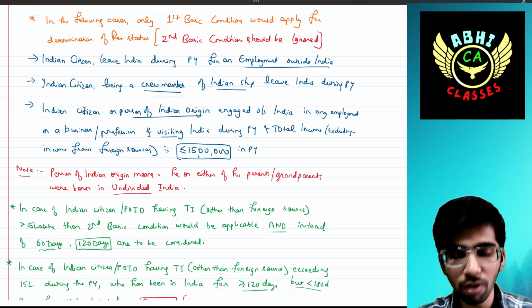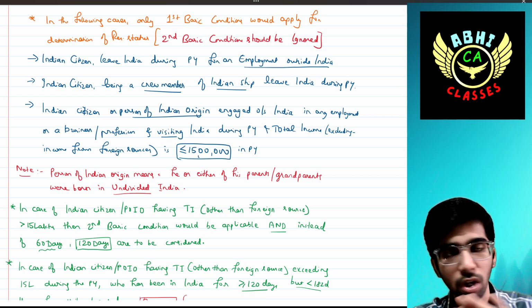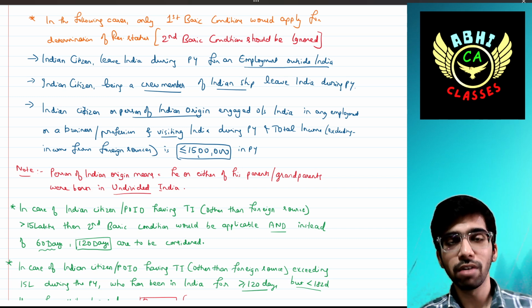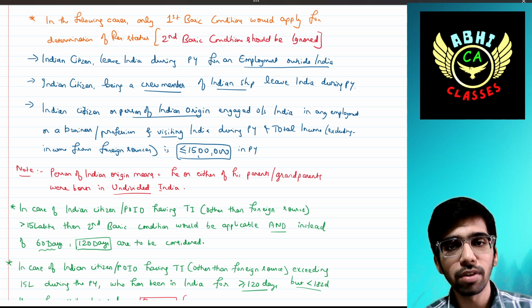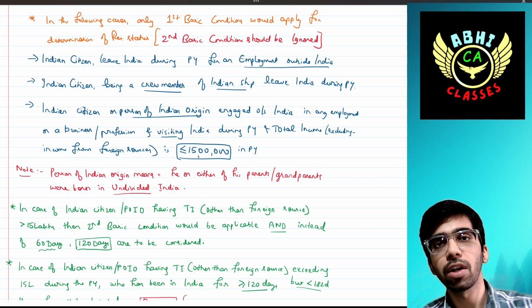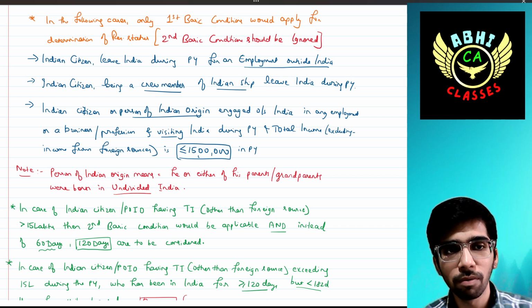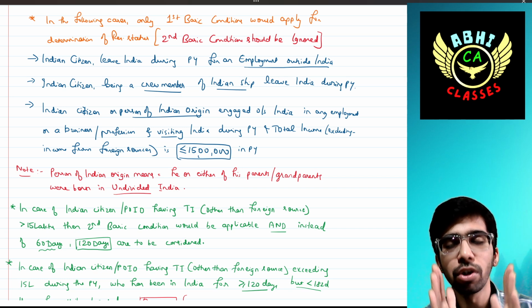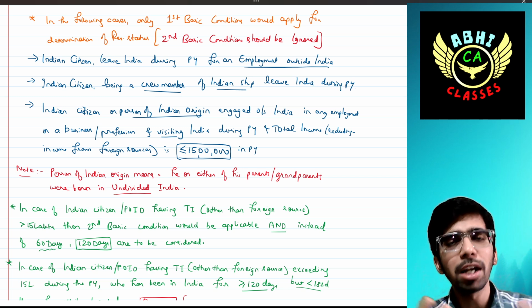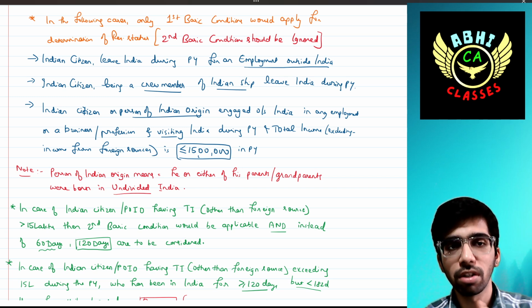He visits only India, not for employment, not for any other business related work. He visits India during the previous year, and that is very important, and his total income, excluding foreign income, we should not see his foreign source of income. We should see only his Indian income, might be Indian interest or something else. Indian income is up to 15 lakh in the previous year.